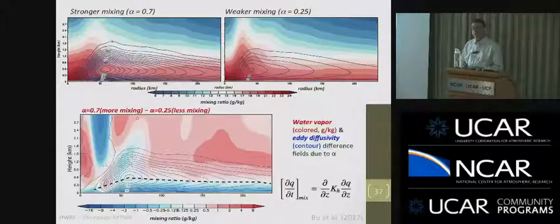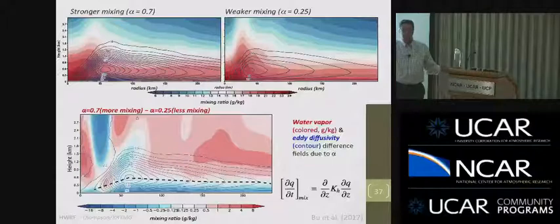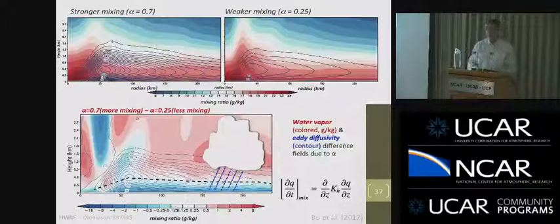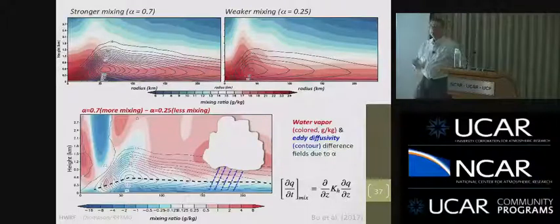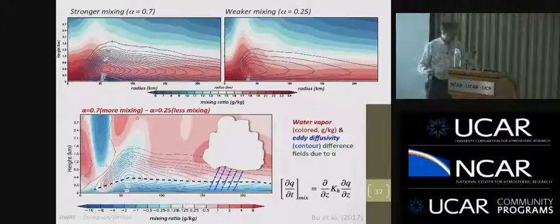So what's happening here is mixing applied to moisture is basically lofting water vapor to the top of the boundary layer, increasing the absolute and relative humidity, increasing the likelihood that convective activity will result. And so basically that's what's happening. Okay, so the mixing in the stronger mixing case is leading to larger relative and absolute humidity, more convective activity, and the convective activity is broadening the wind field.